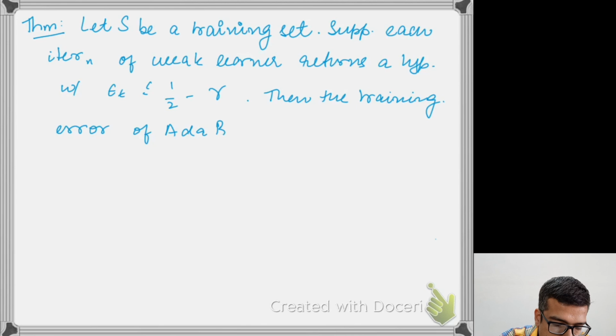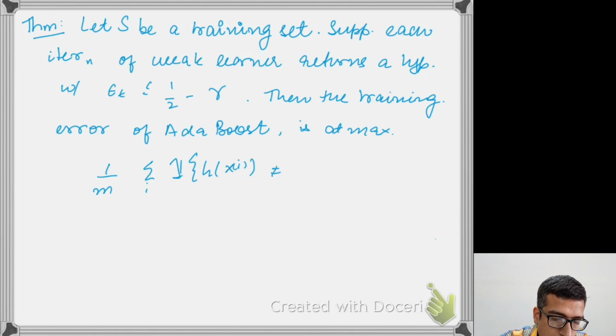Then the training error of AdaBoost is at most 1 by m times the sum over i of the indicator function that h of x_i is not equal to y_i. This is upper bounded by exponential of minus 2 gamma squared capital T.